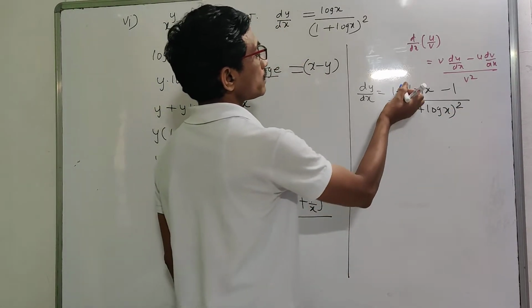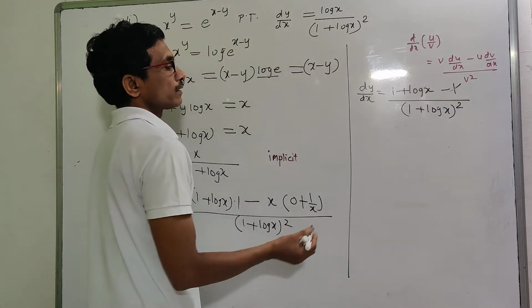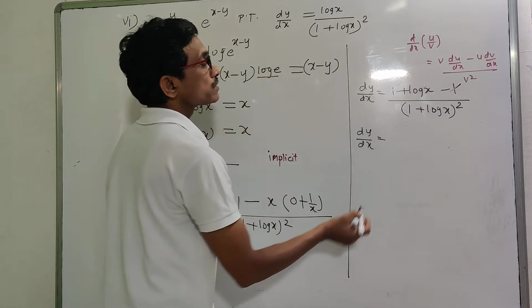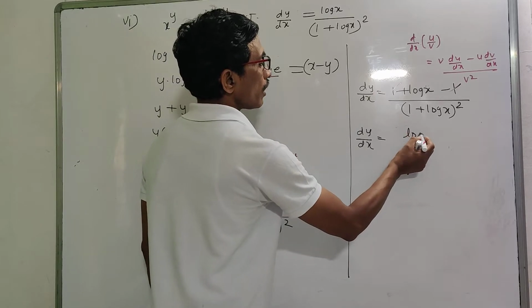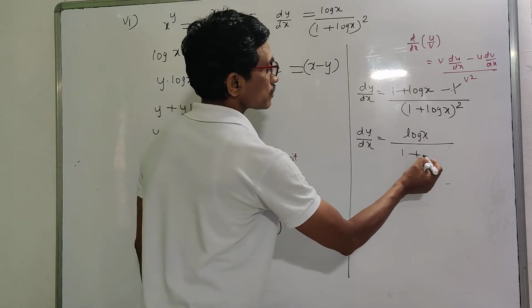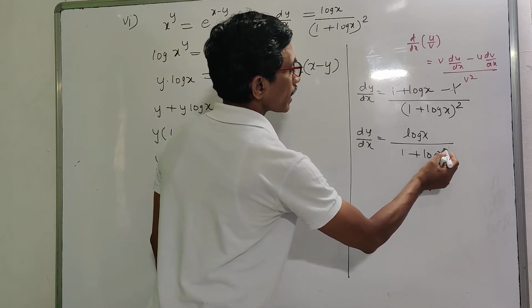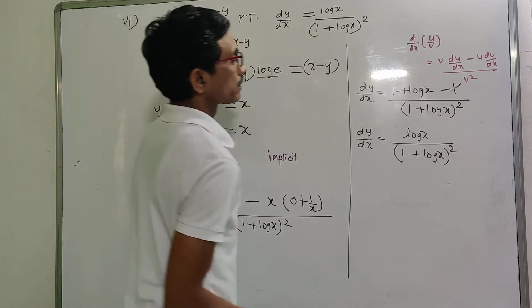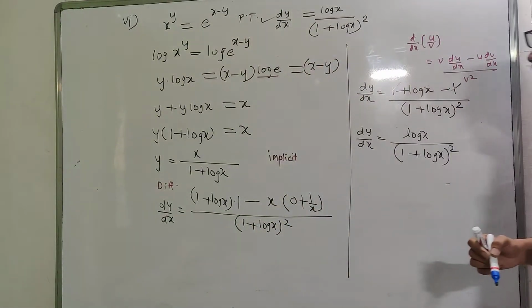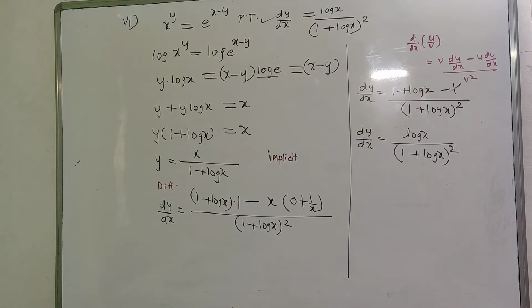Cancel this 1 in the numerator, and you will get the required derivative: dy by dx is equal to log x upon (1 plus log x) whole square. This is required to show.